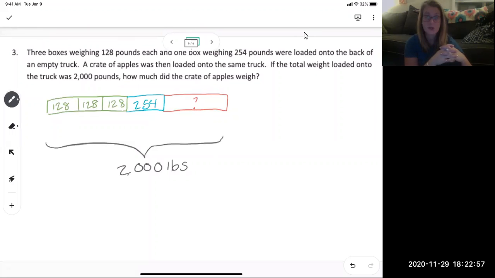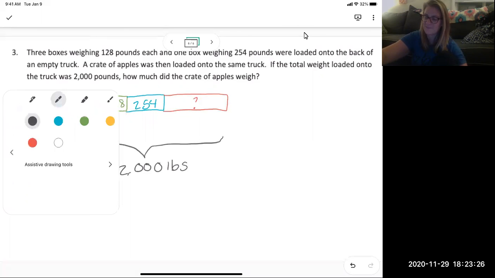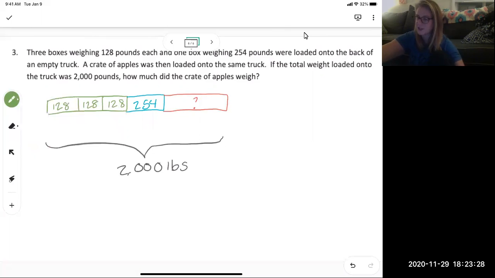So what you could do is we could add all four of these numbers up, or we could, like good math students who do easy math, multiply these three and then add our 254. So whatever way you want to solve it is fine with me. I'm going to multiply first and then add, because we've been practicing our multiplication.